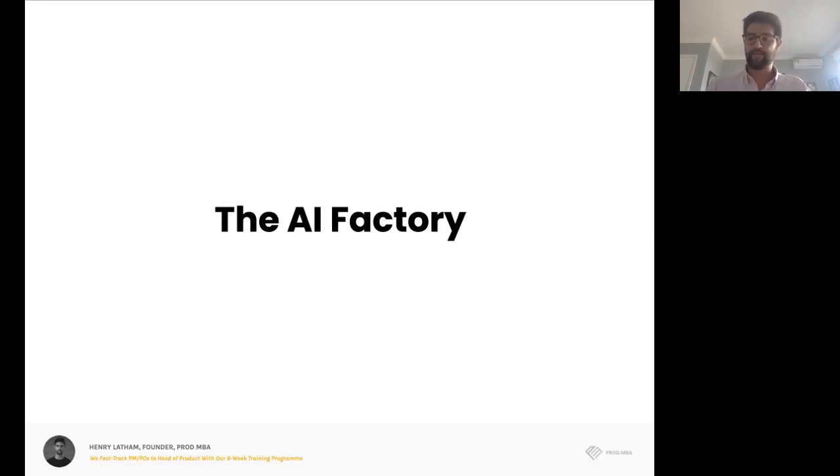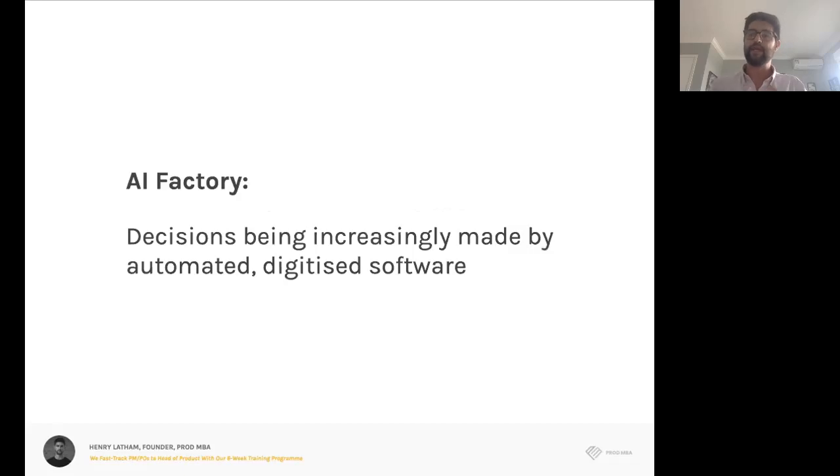So what do we mean when we talk about this? Really, it's that decisions are being increasingly made by automated, digitized software, rather than by human employees. We'll come on to the case of this later. Consequently, the organizational model has changed from one driven by humans to one driven by automation and artificial intelligence. This is the final stage of effective product strategy.